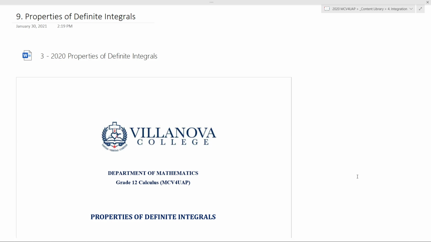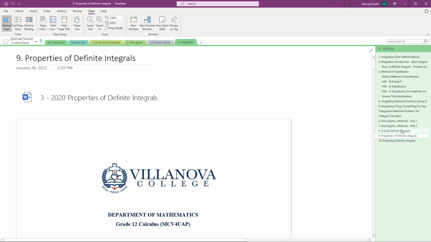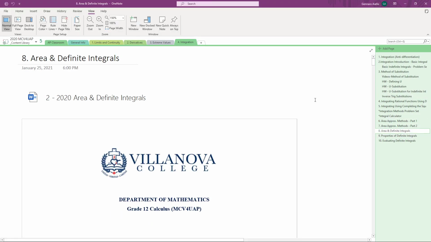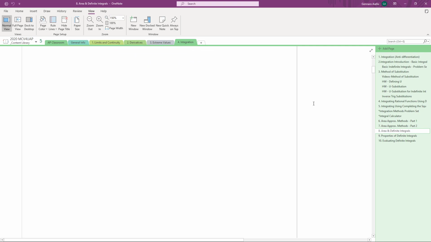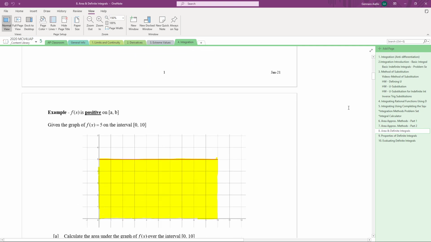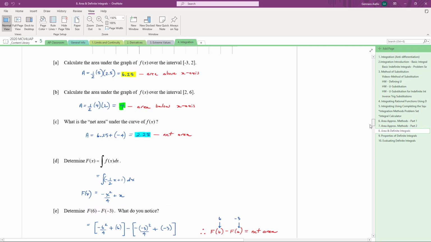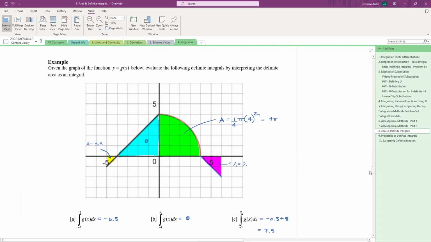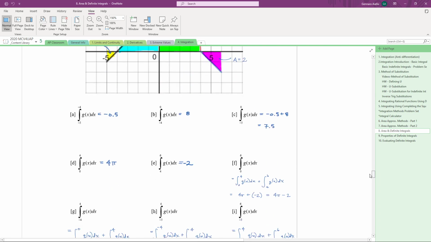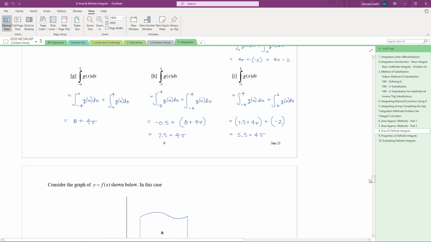Does anybody have any questions from the last class where we talked about area and the relationship of area with definite integrals? I think I left you with some of these definite integrals just to go through and verify.